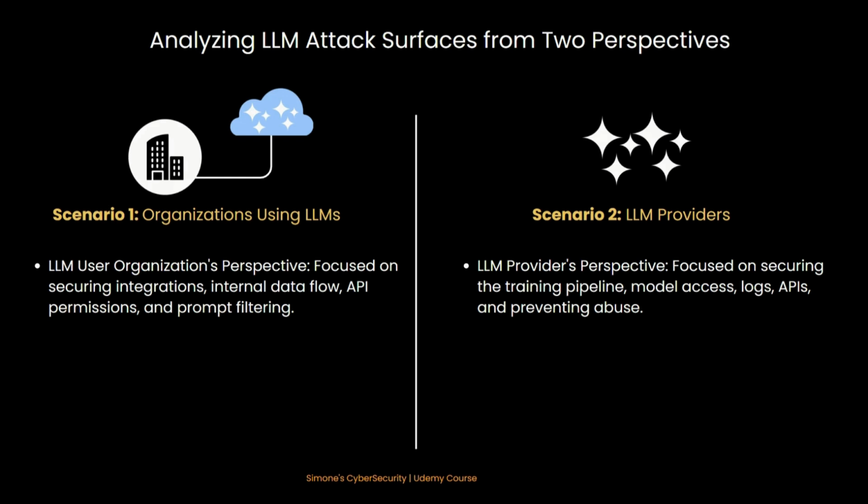We will explore how their responsibilities differ and look at multiple case studies that illustrate how vulnerabilities in provider infrastructure can lead to data leaks, model abuse, and broader systemic risks. So understanding these two perspectives helps you appreciate where responsibilities lie and, more importantly, where the security boundaries blur between consumers and providers of AI models. So let's start with scenario 1 on the next slide, the attack surface from a user organization's point of view.